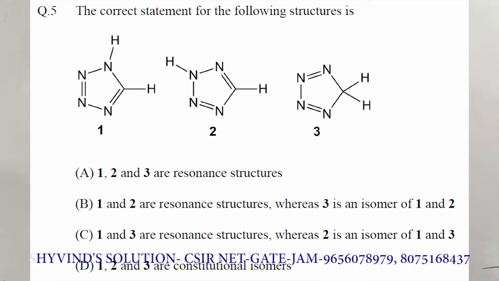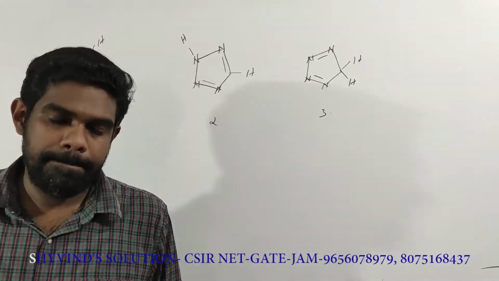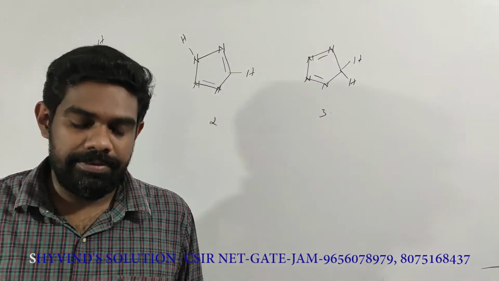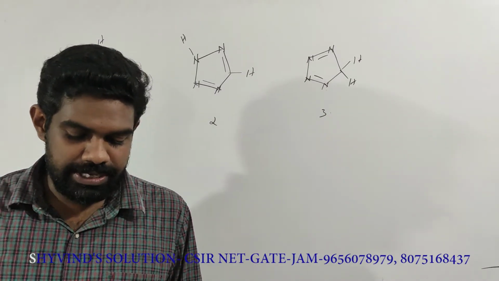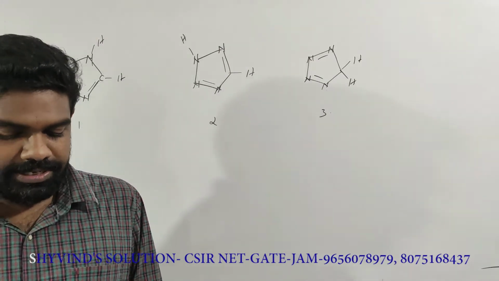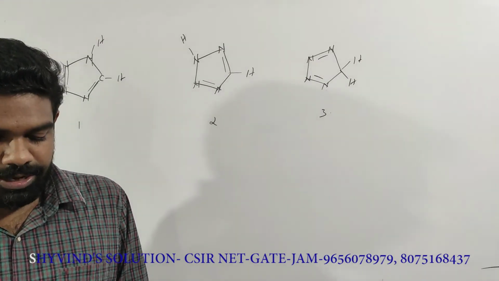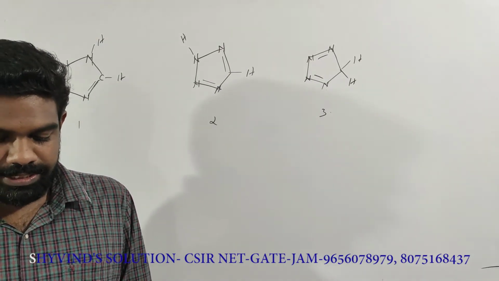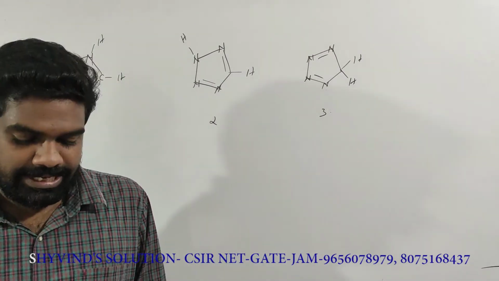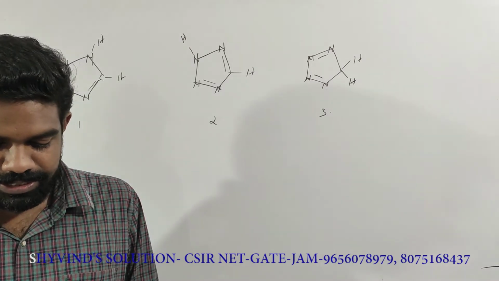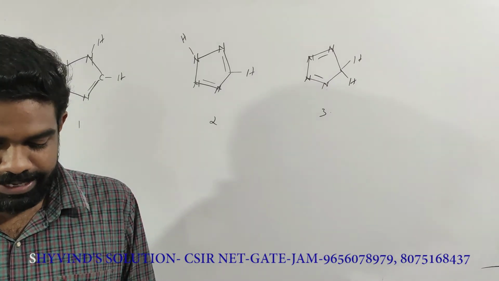Now question number 5. The correct statement for the following structures is; these are the structures given. You can see in all the options, the first option is 1, 2, 3 are resonance structures. Second option is 1, 2 are resonance structures, whereas 3 is an isomer of 1 and 2. Third is 1 and 3 are resonance structures, whereas 2 is an isomer of 1 and 3.